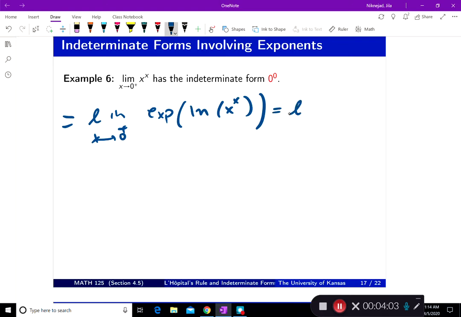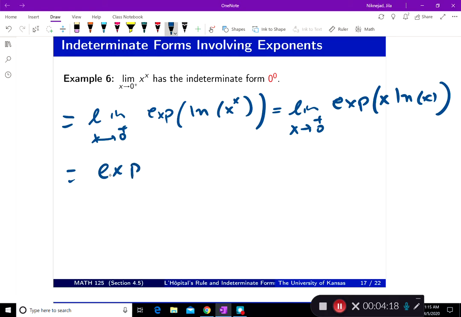Now let's use our logarithm laws. It becomes exponential of x natural log of x. Sorry, the limit comes in, of x natural log of x.